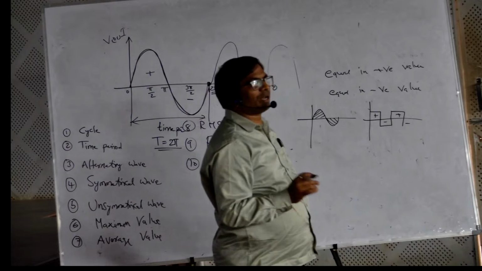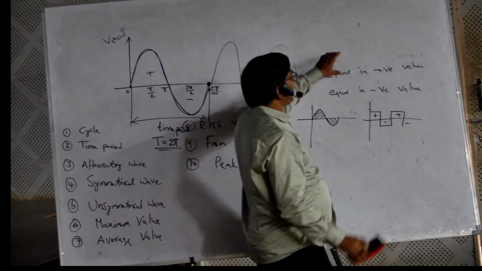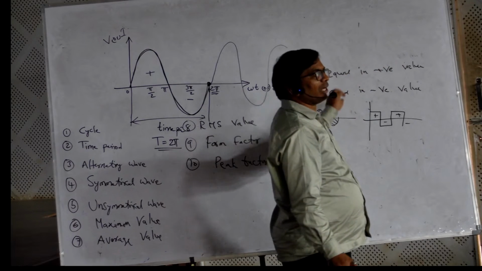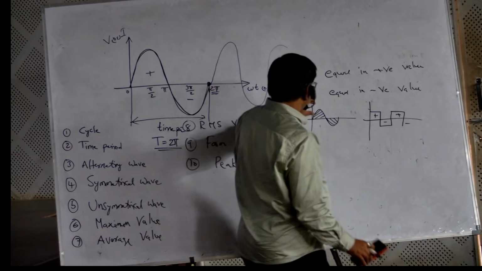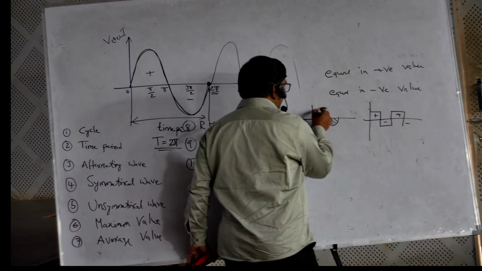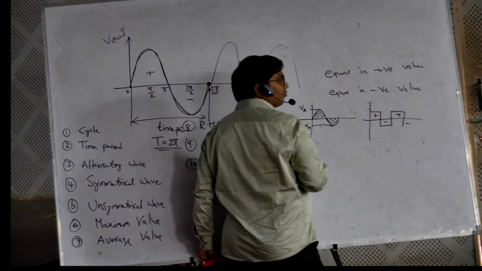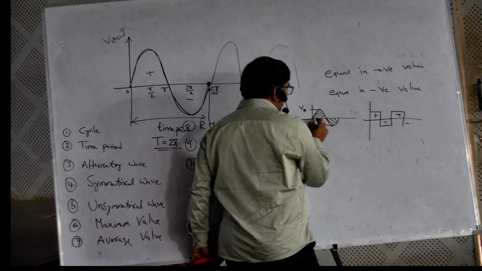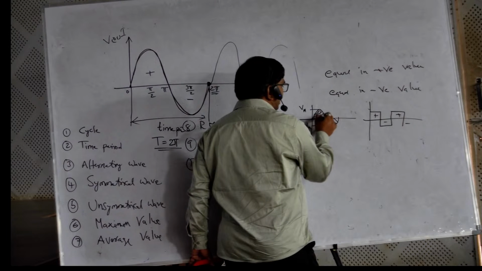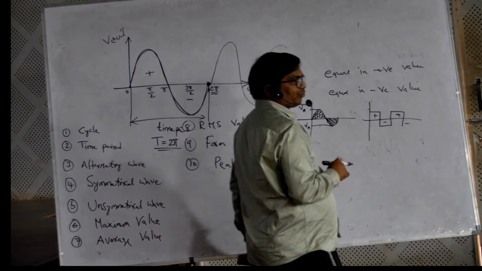So what is the meaning of symmetrical? The wave which is having equal positive and equal negative values. For example, if here you take Vm, here you take minus Vm. It is 0 here, increasing, then negative increasing, decreasing, getting maximum.